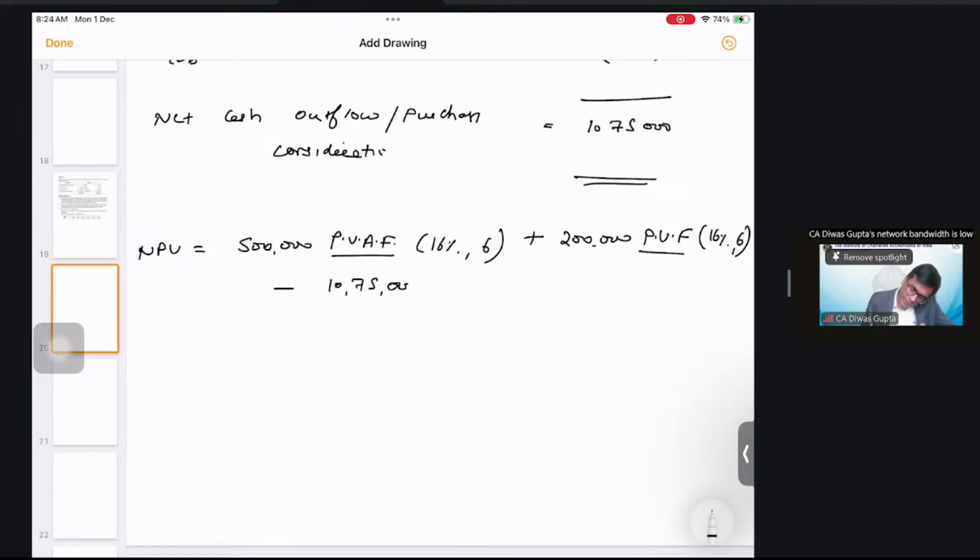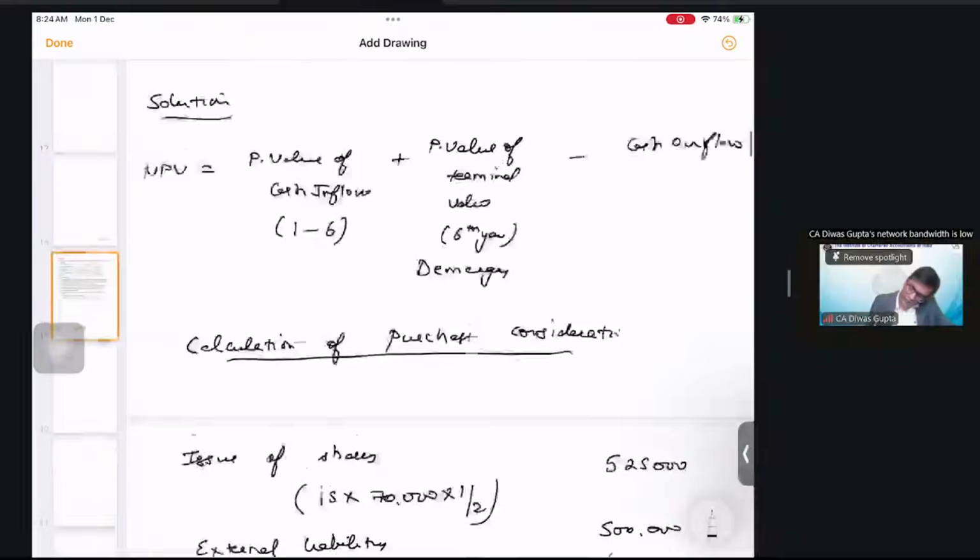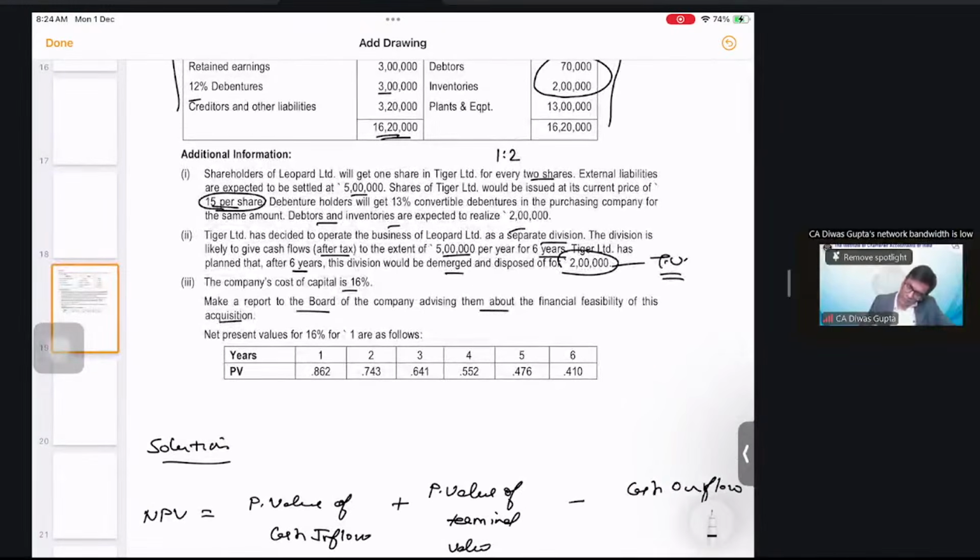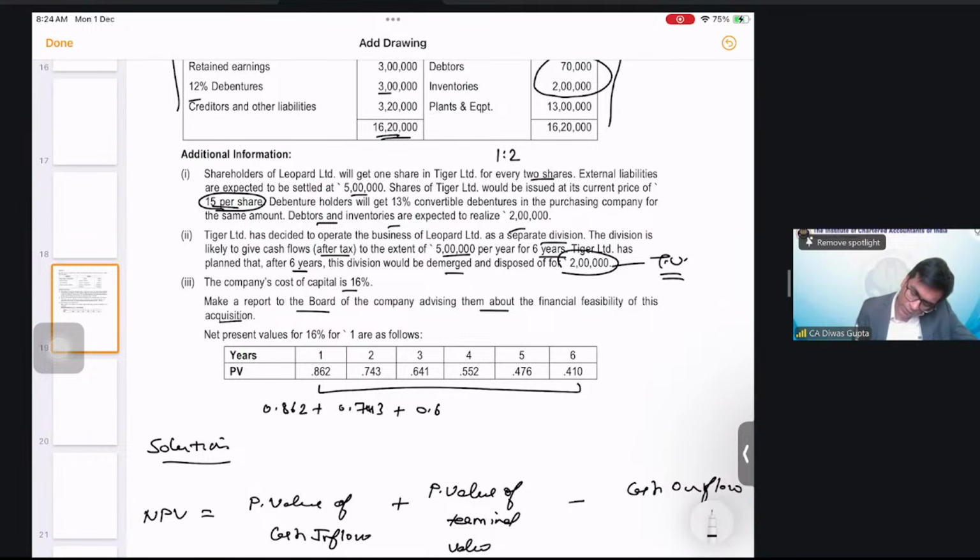Minus 10,75,000. So for the NPV of 5 lakh, multiplied by, what we will do, students, we will just add all these 6 values: 0.862 plus 0.743 plus 0.641 plus 0.552 plus 0.476 plus 0.410.